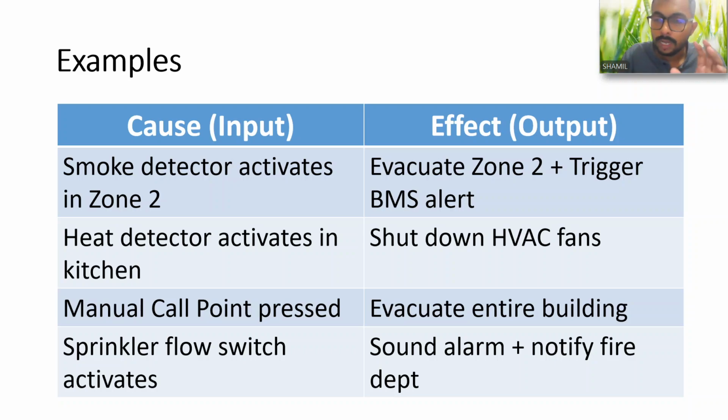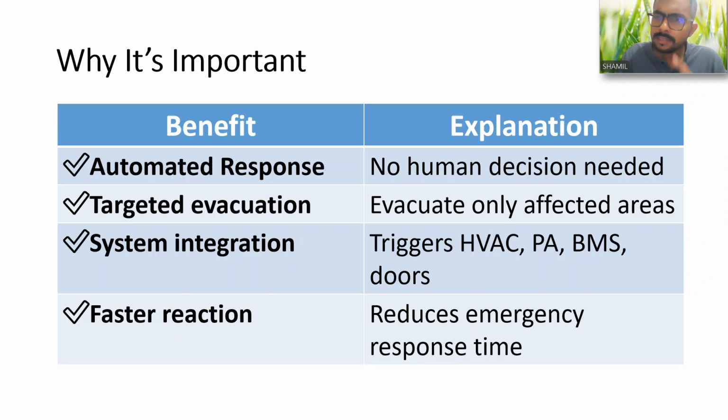Why is cause and effect logic important for a fire alarm system? There are four benefits. The first benefit is an automated response. The cause and effect logic is automated so that whenever any action occurs, the required effect takes place without the intervention of a human being.